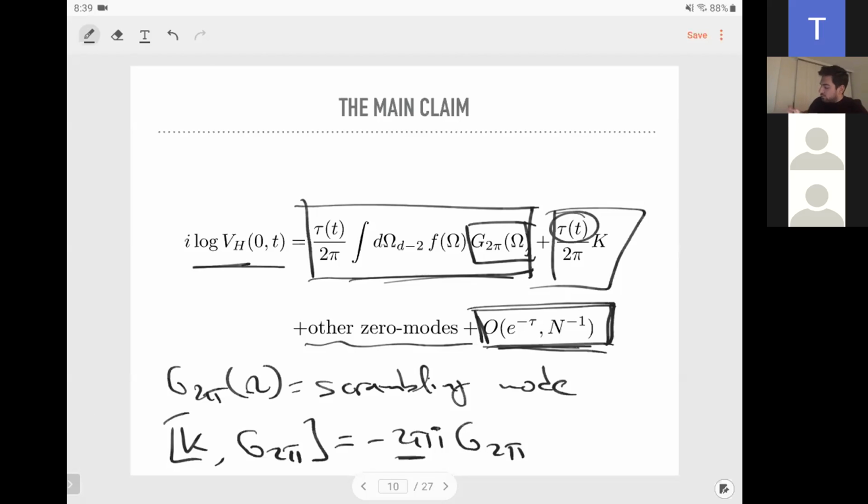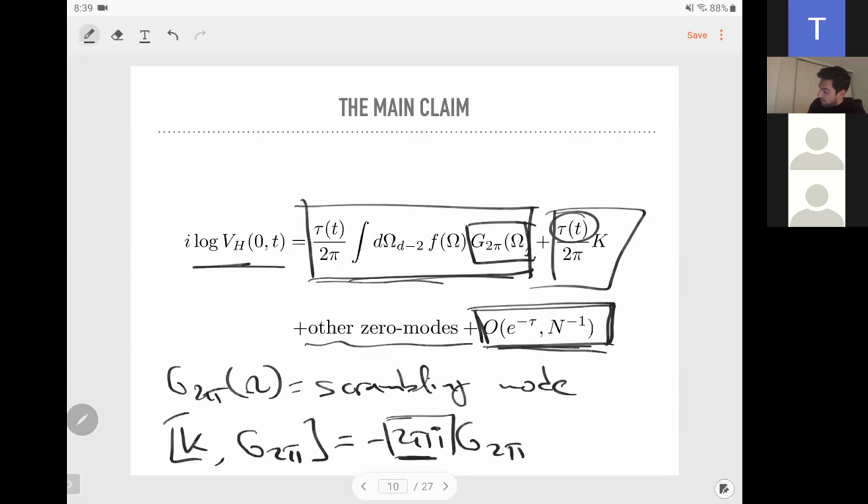We call it the modular scrambling mode or the modular chaos mode because this weight that you see here, this 2 pi, describes the fastest possible growth, the highest modular weight that can appear in this expansion. So there is a bound on how quickly these contributions can grow in modular time, and this bound is set by precisely this exponent.